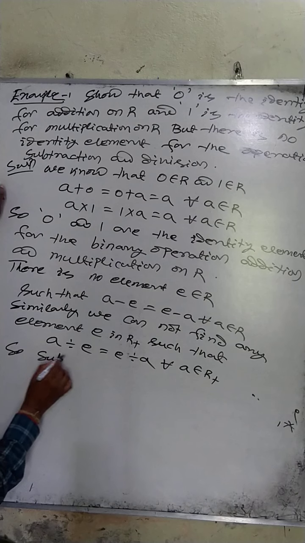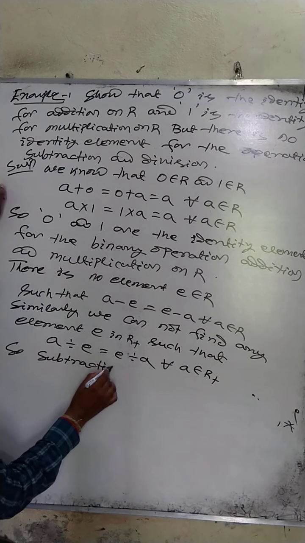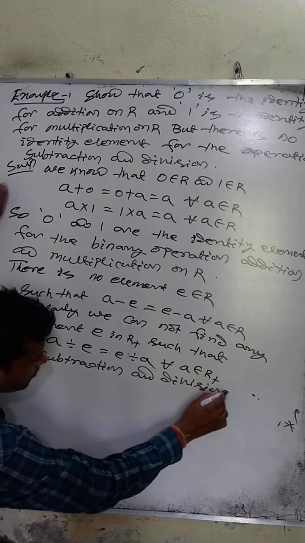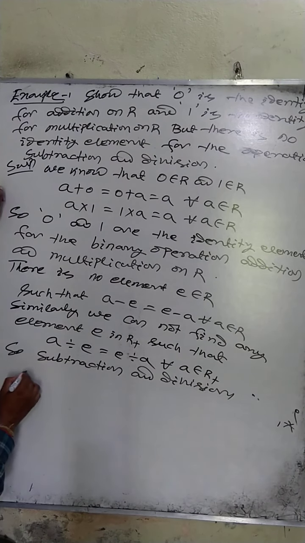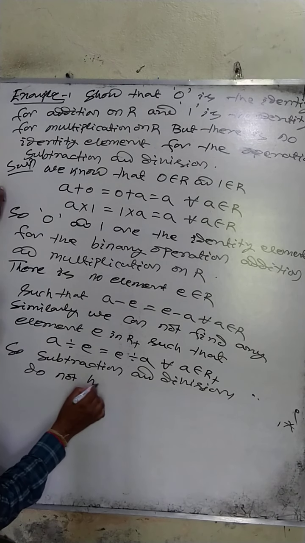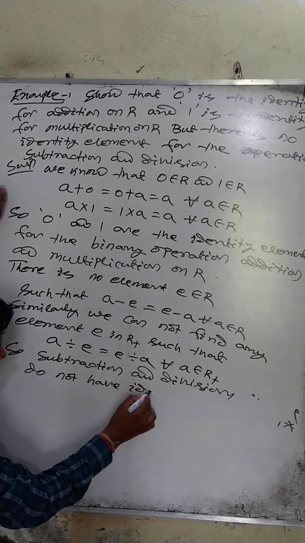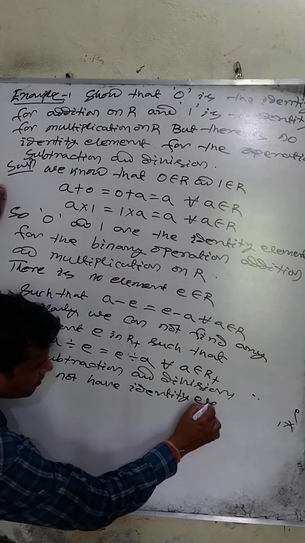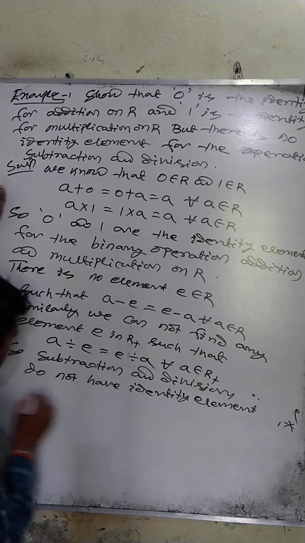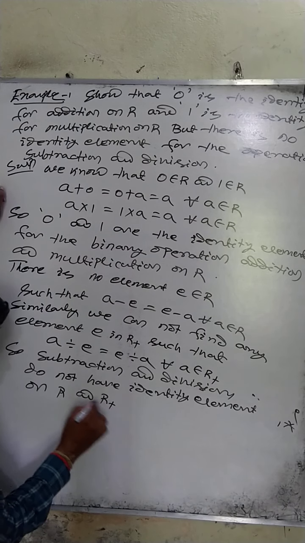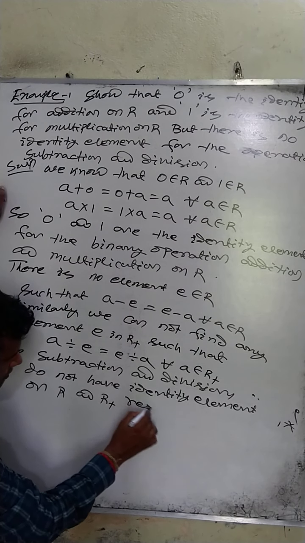So subtraction and division do not have an identity element on the set of real numbers and R plus, the positive real numbers, respectively.